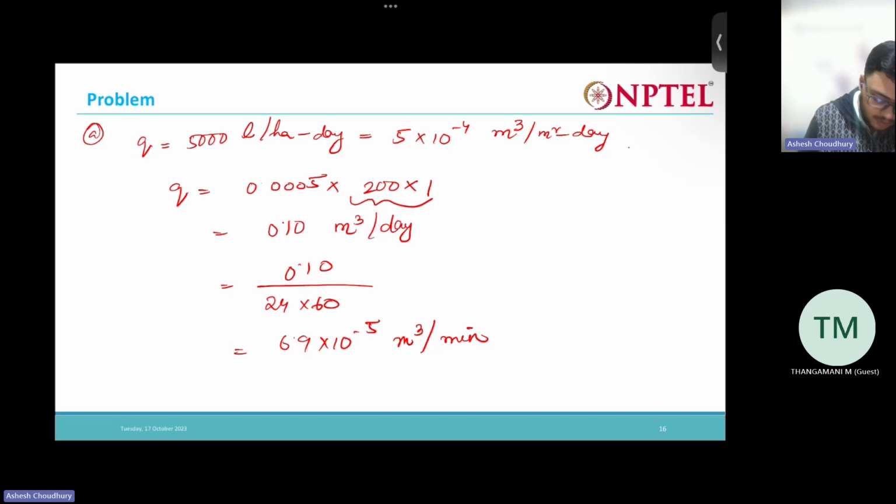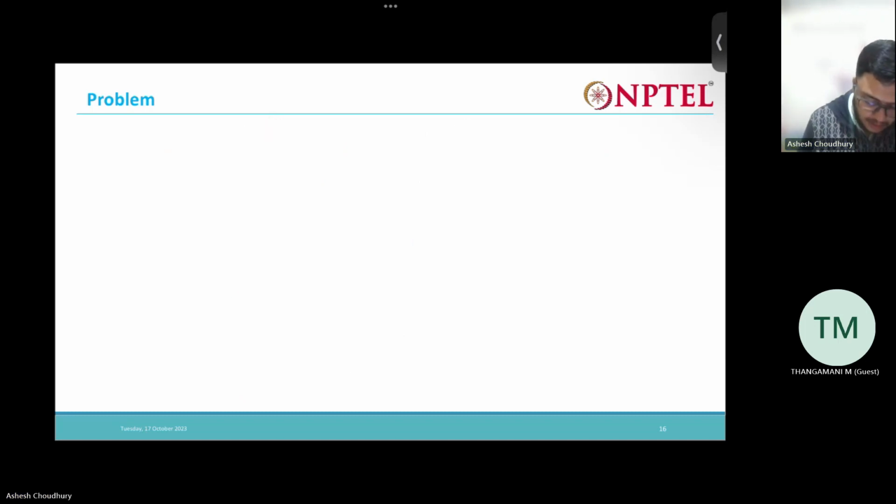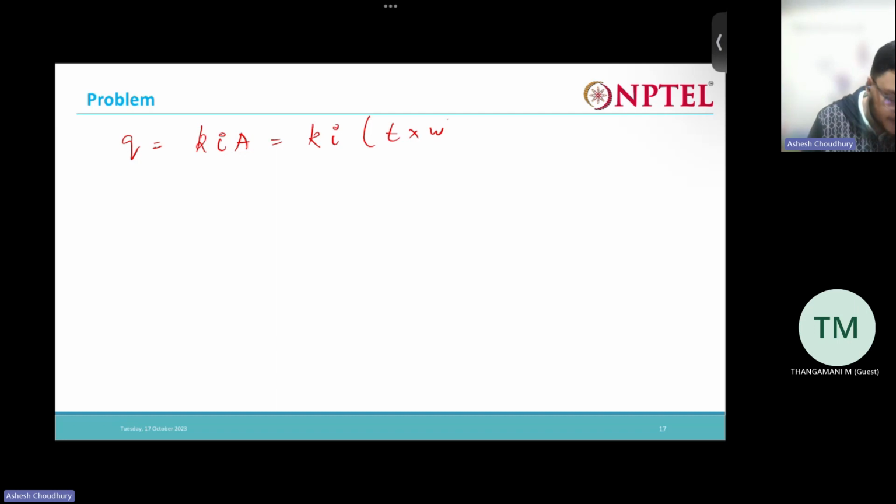Now, what is the slope? Slope is 0.5 percent, that is 0.005. So now, what is the normal Darcy formula? Q is equal to KiA. What is the area? Thickness times width.